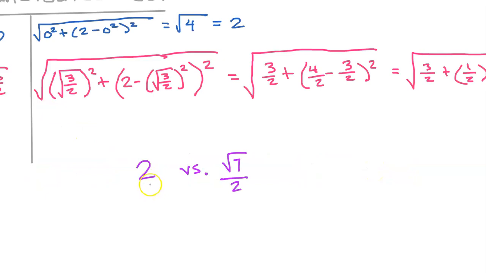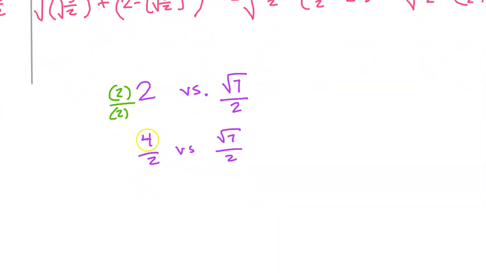Here's how you can compare 2 versus radical 7 over 2 without a calculator. First of all, let's make them like denominators. So I could multiply this by 2 over 2. So that's going to turn this into 4 over 2. So now I have 4 over 2 versus radical 7 over 2.